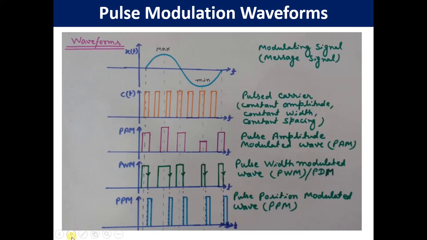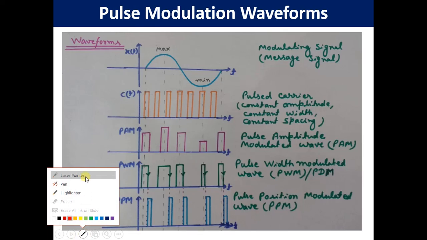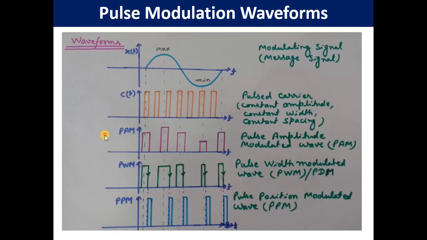Yes, we revise these waveforms again, as pulse modulation is of three types: pulse amplitude modulation, pulse width modulation and pulse position modulation. For pulse modulation, we require a basic signal x(t). It is also called a modulating signal, or a master signal.